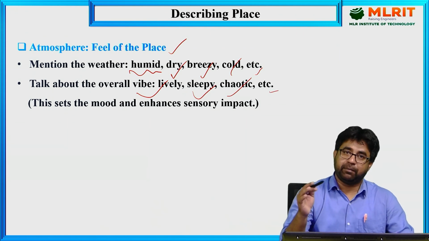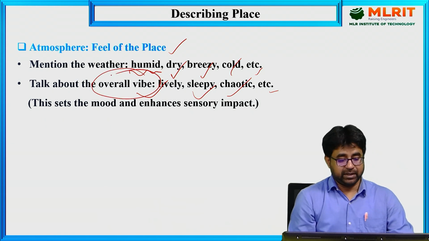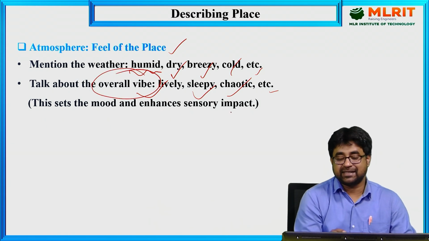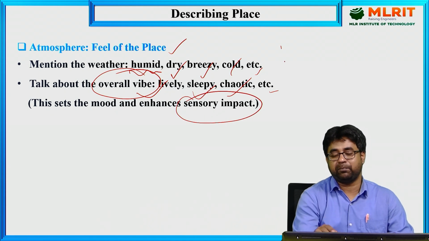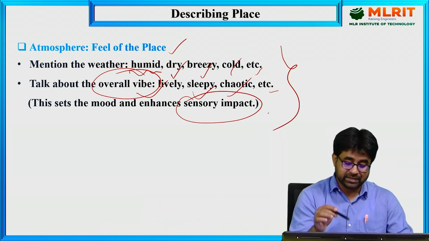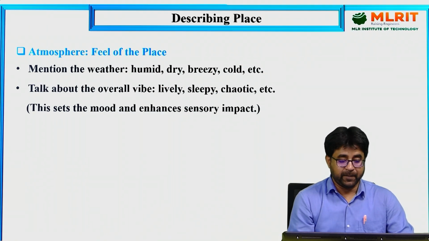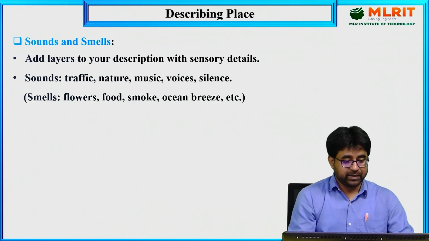It can be about the weather. It can also be about the overall vibe of the place. Now this sets the mood and enhances sensory impact. This particular portion also enhances the sensory impact, which, as I already told, is very important while describing a place.